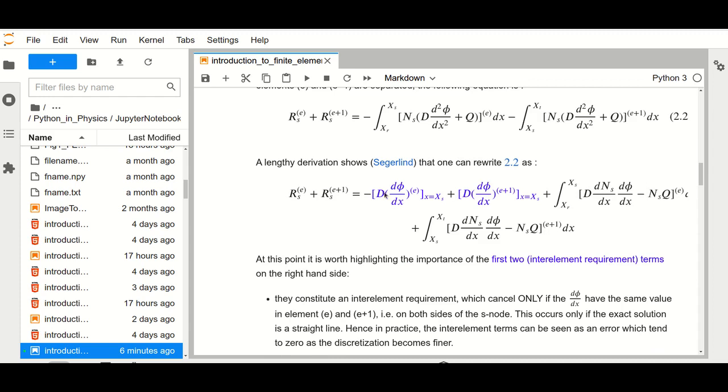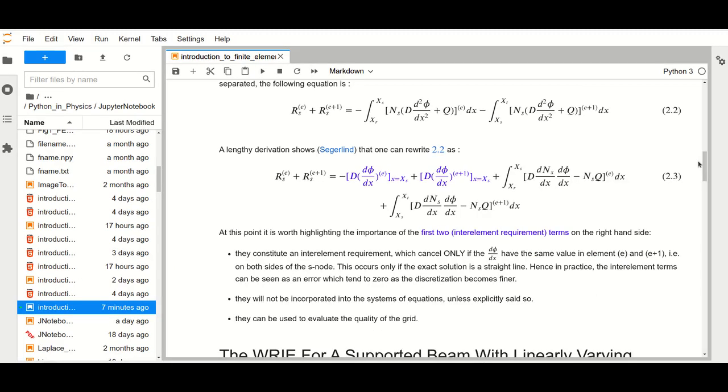Following a derivation which is given in this reference, which I give the complete reference at the end of this notebook, we can rewrite equation 2.2 into this formidable equation. So let's look again at this rewriting of equation 2 into 2.3.